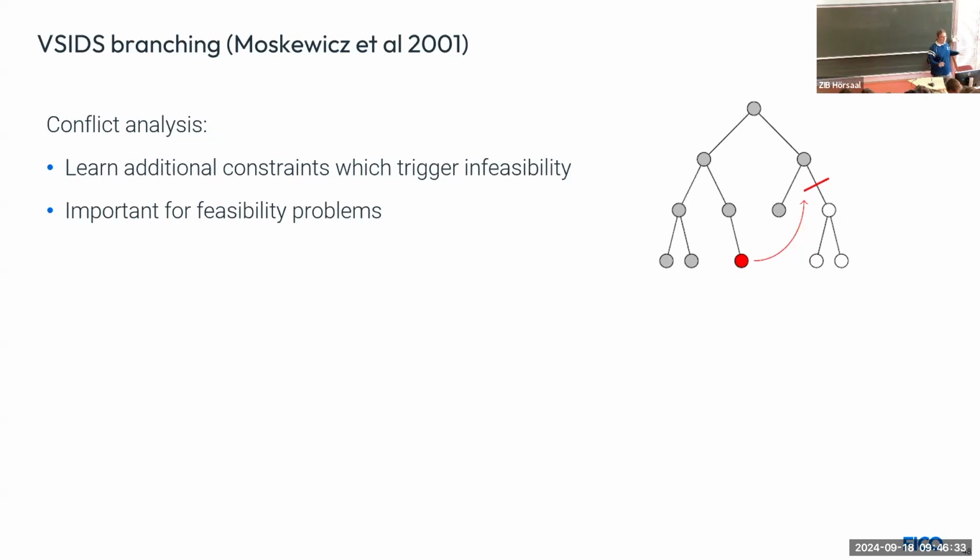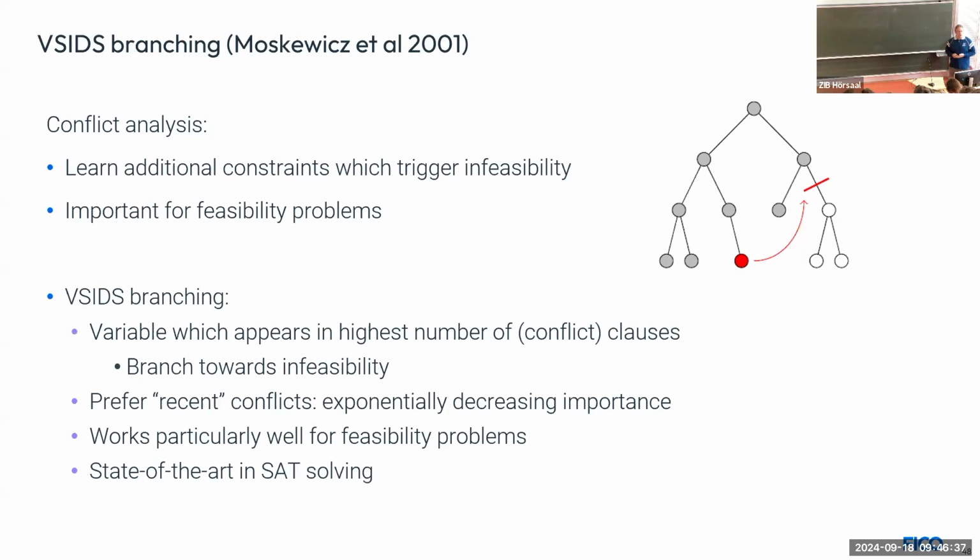This has to do with deriving constraints, and for VSIDS branching, you count for each of the variables in how many of these conflict constraints they appear. Variables that appear in more conflict constraints hence have a better chance of helping you later on in the search to detect something, and are better candidates for branching.